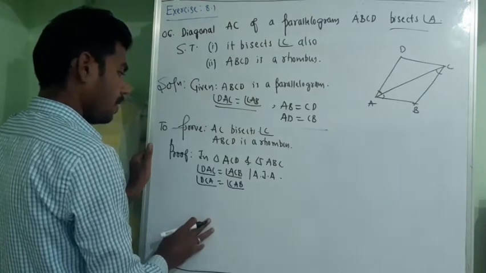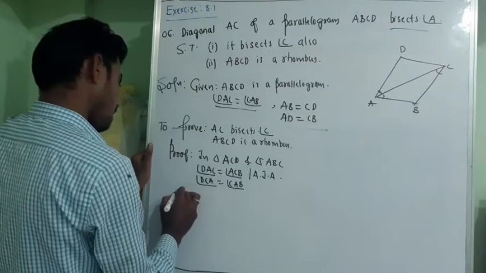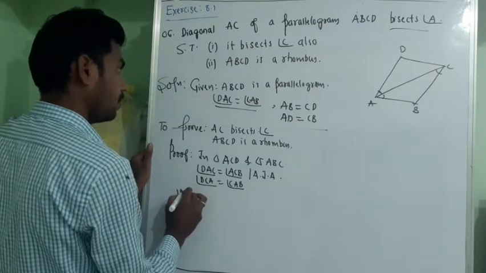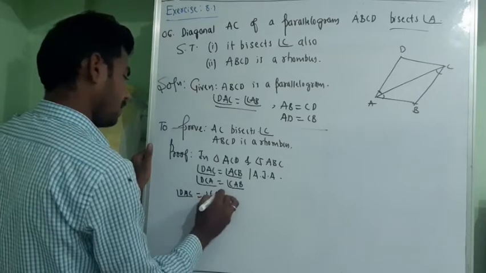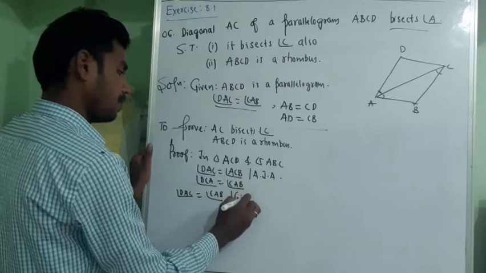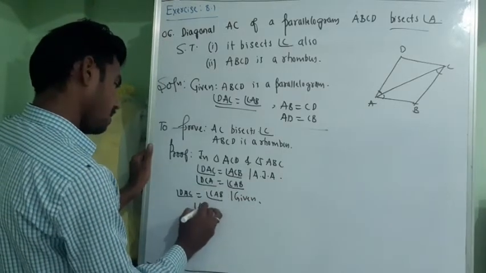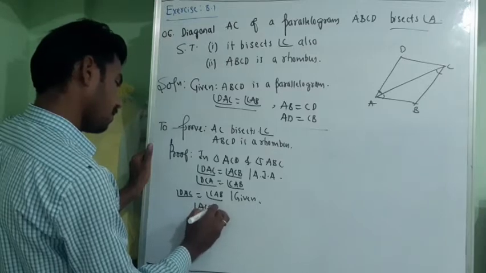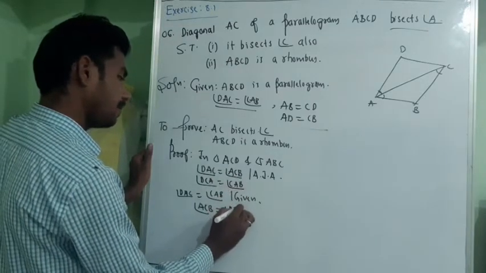Okay, we know that angle DAC is equal to angle CAB. DAC is equal to CAB, it is given. So therefore, ACB is equal to DCA.